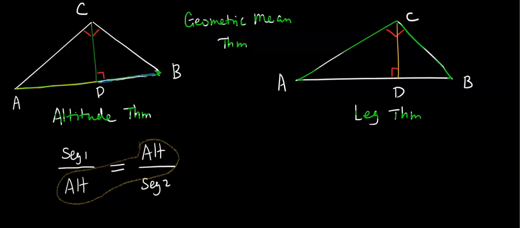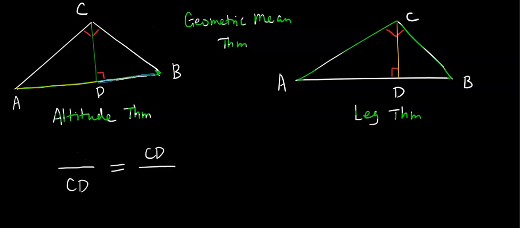to segment 2. Now I'm going to take away the words and put the names of the segments here. For this case, our altitude is CD. And for our segments, who is your 1, who is your 2 does not matter. Therefore, I can put down BD to CD equals CD to AD.